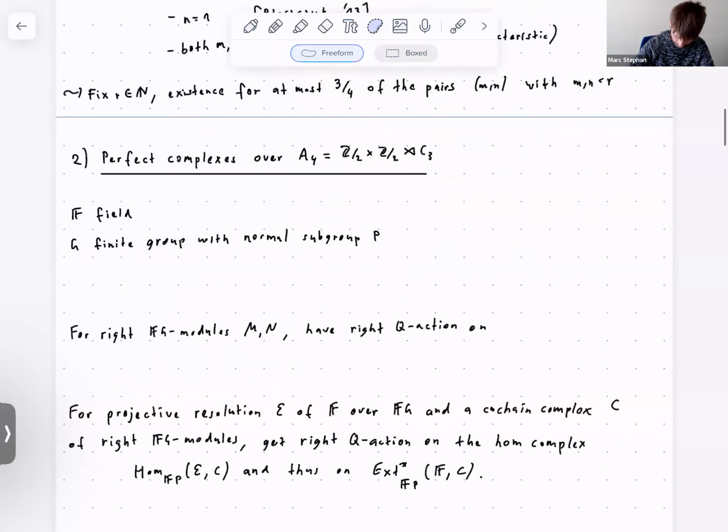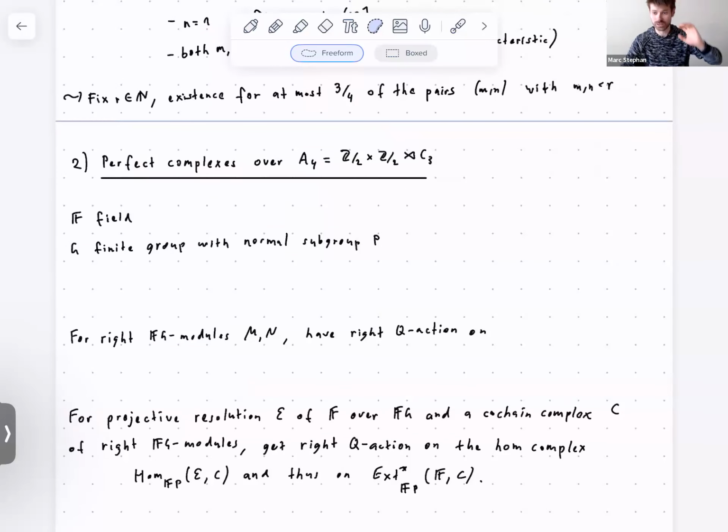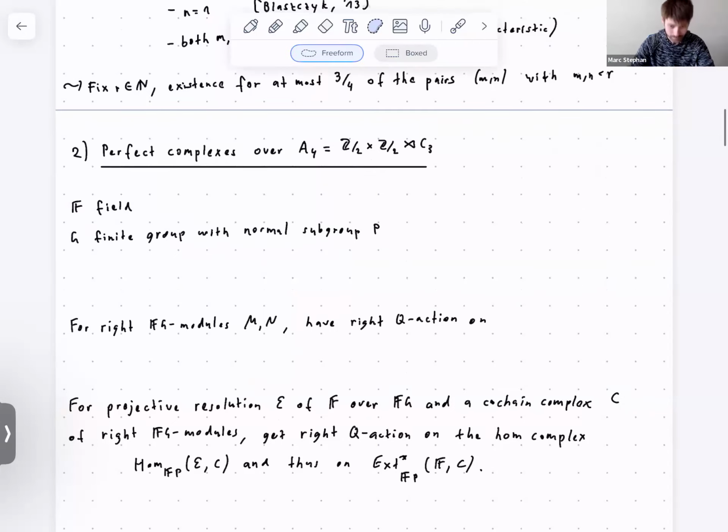So I said that we'll look at the questions very algebraically. So let's start with thinking about perfect complexes. For that, it would be helpful to think of the group A4 as a semi-direct product, where the cyclic group of order 3 acts non-trivially on C2 cross C2.